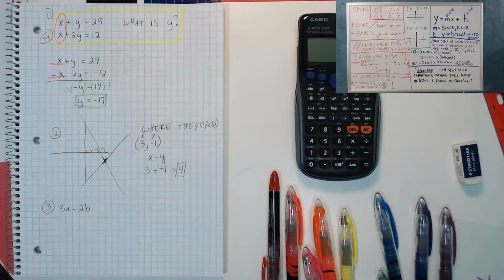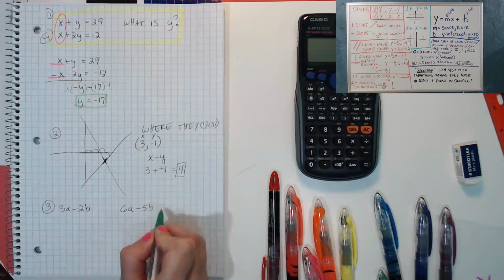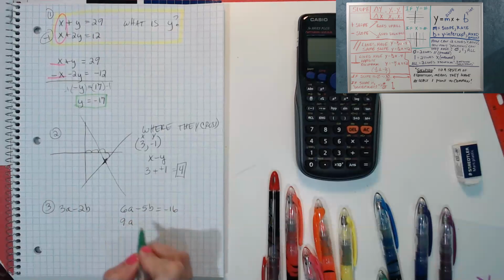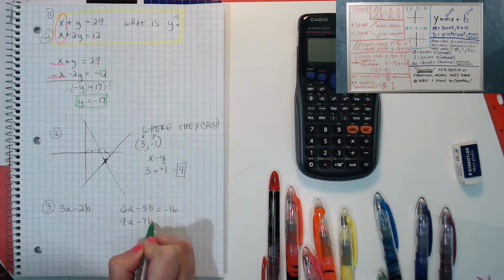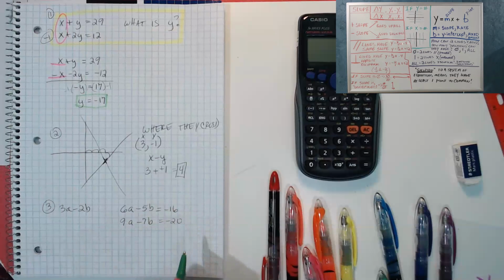Let's line those up. Sorry, we have 6a minus 5b equals -16, and then we have 9a minus 7b equals -20.